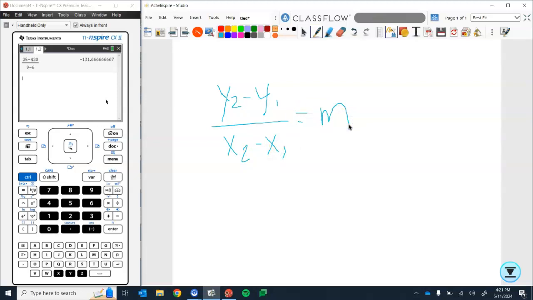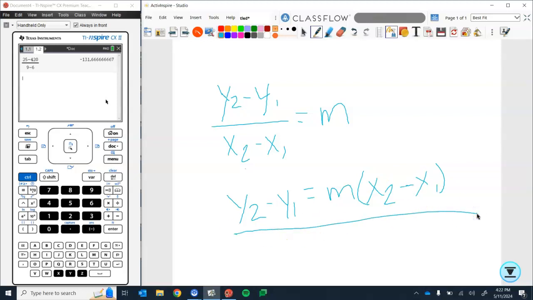Well, if I multiply both sides by the denominator, I get y2 minus y1 equals m times x2 minus x1. And guess what, ladies and gentlemen? That is your point slope form. It's really just the slope, okay? But I don't want you messing that up if it freaks you out at this point.